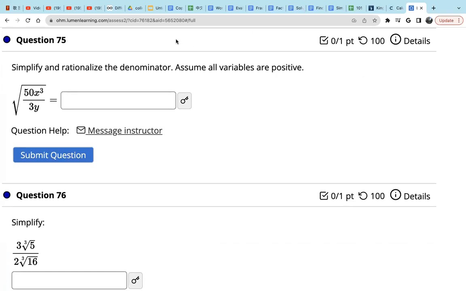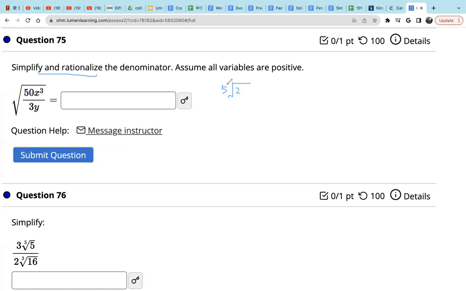This is 75. Simplify and rationalize the denominator. Okay. 50 does not divide by 3. X cubed and y, nothing can be simplified. So 50 can be written as 2 times 25. So 5 comes out. So 5 radical 2 times 25, so we still have 2 inside.